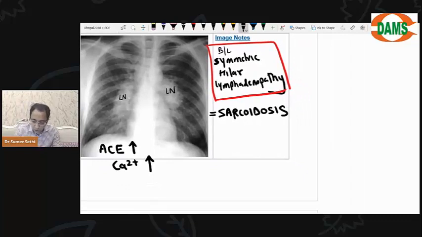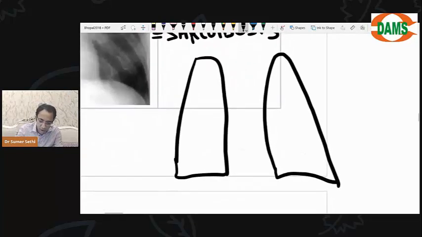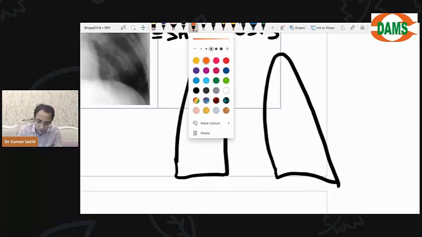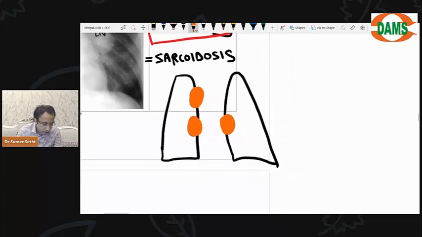Now in sarcoid, enlargement of 3 lymph nodes is typical. On an X-ray, it is classic to see enlargement of these 3 lymph nodes in sarcoid. Which 3 lymph nodes will be there?